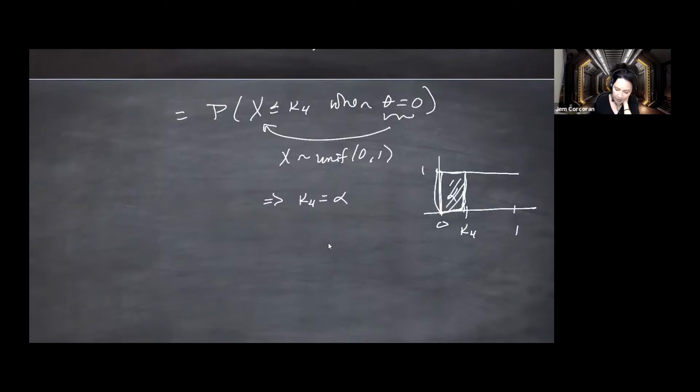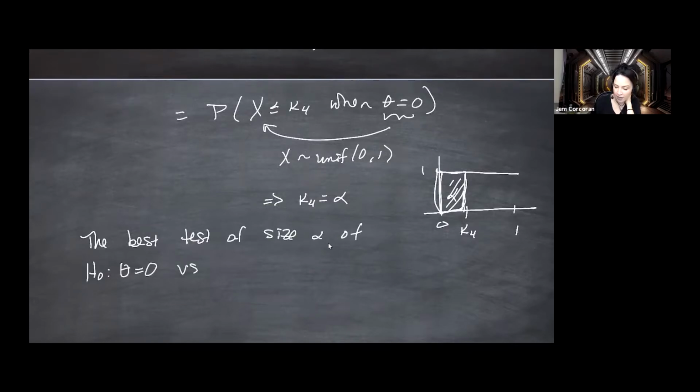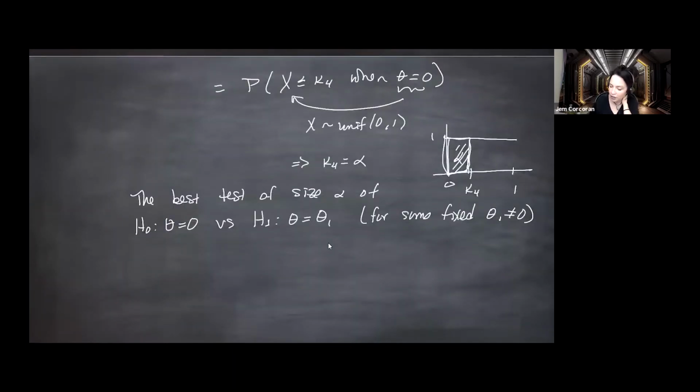So the best or most powerful test of size alpha of the null hypothesis that theta is 0 versus the simple alternate hypothesis theta is theta 1 for some fixed theta 1 not equal to 0, is to reject the null hypothesis in favor of the alternative if x is less than or equal to alpha.